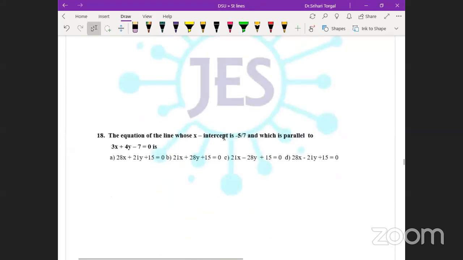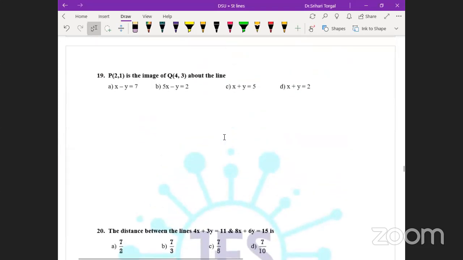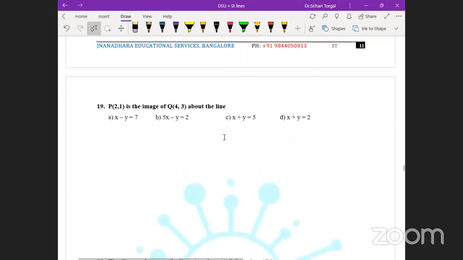Let me go to that problem only. Yes. We need to calculate the line, correct?